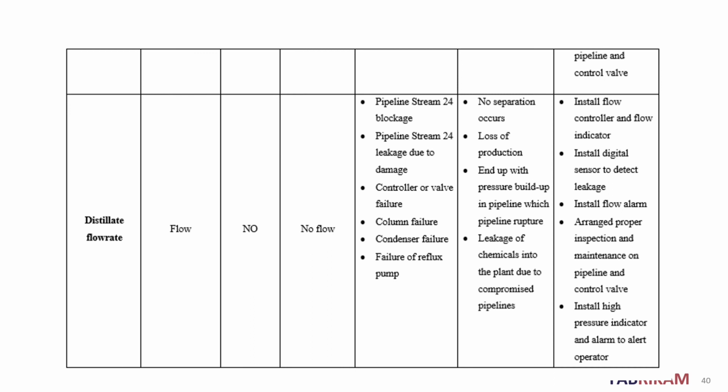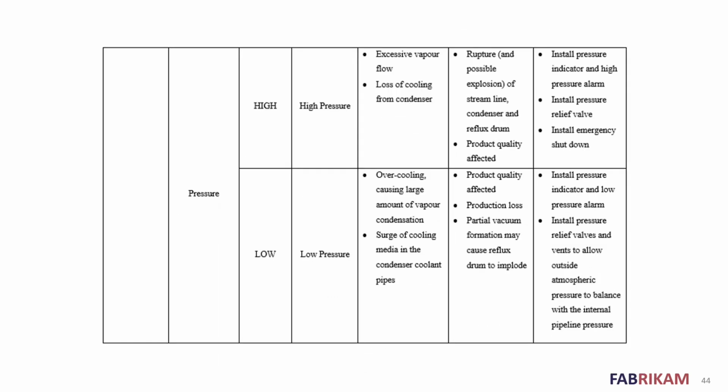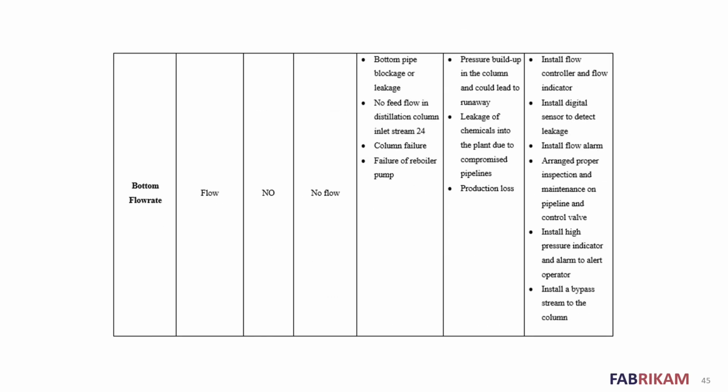The process parameters controlled under this study note are flow, temperature, and pressure. The third study note is bottom flow rate. The process parameters that are controlled under this study note are flow, temperature, and pressure.